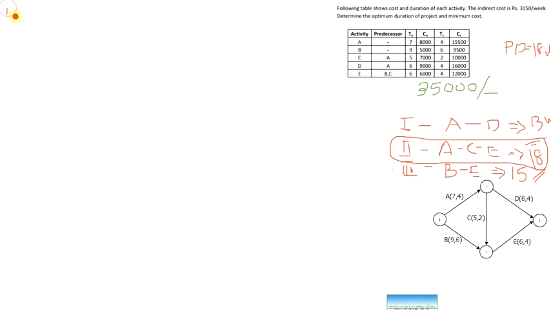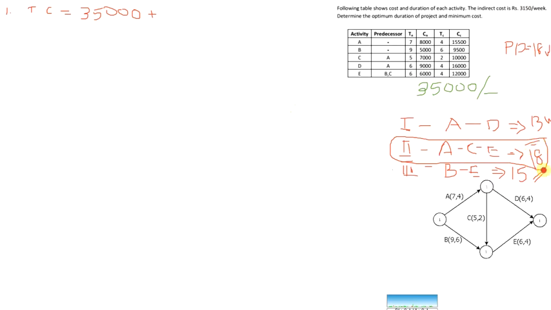So step 1: total cost, say TC, is equal to the total direct cost, that is 35,000, plus the indirect cost. The indirect cost is given as rupees 3150 per week.